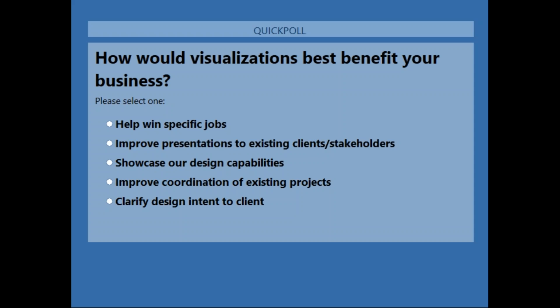So from winning specific jobs as far as getting new work, from improving presentations to existing customers. So you have a job already, but you want to give a good presentation to them. Again, to showcase your design capabilities like marketing materials and things like that. Coordination of projects. Some people use visualizations just to make sure things are fitting together. And that last one is as far as clarifying design intent.